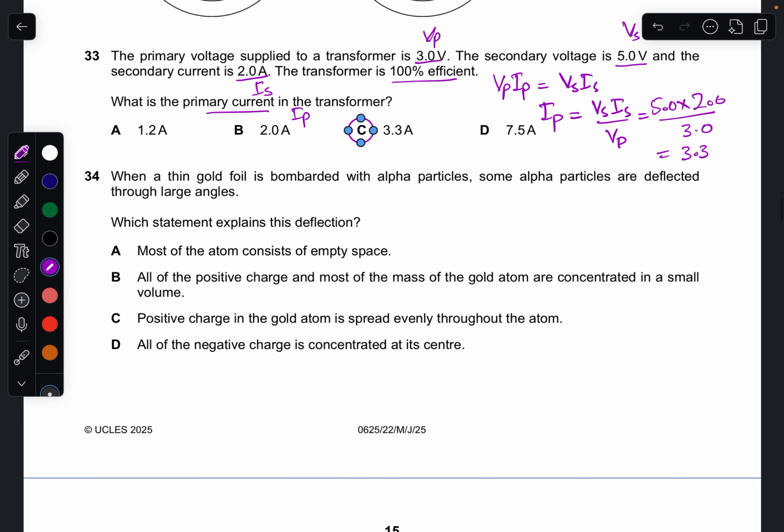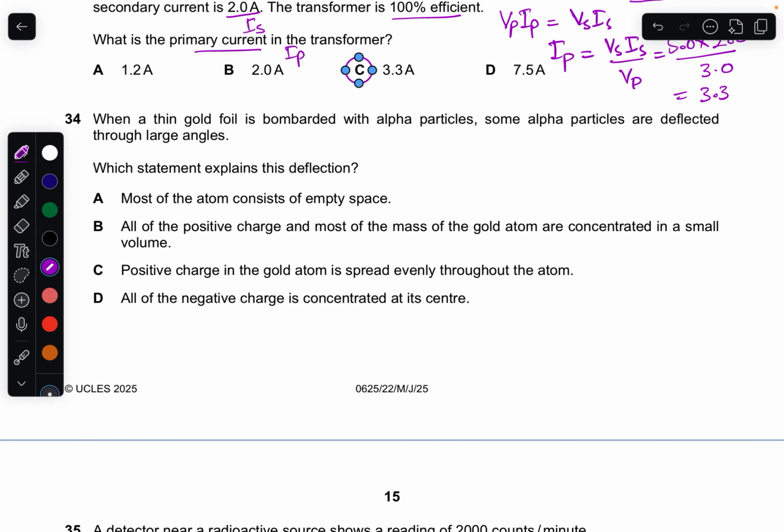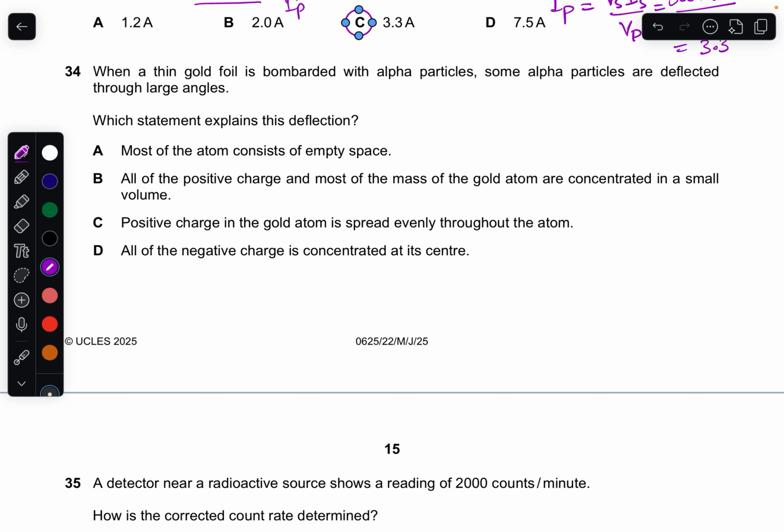In question 34, when a thin gold foil is bombarded with alpha particles, some alpha particles are deflected through large angles. Which statement explains this? If you remember the diagram in the Rutherford experiment, a particle was coming close to the nucleus and it was deflected like this.